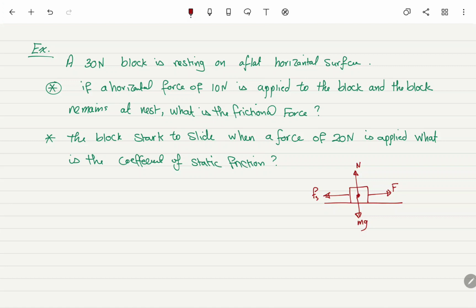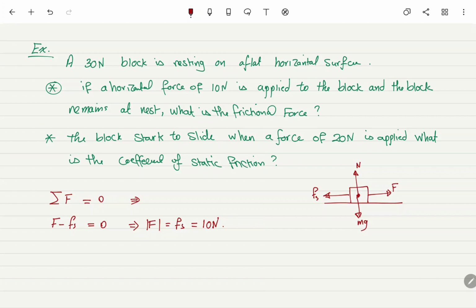In this case here, sum of all forces equal to, since it's resting, it's equal to 0, which means in this case F minus Fs equal to 0. In this case, F equal to Fs, or it's equal to 10 newtons.